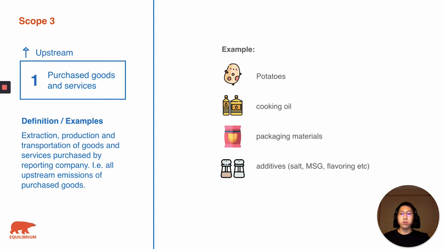Category 1 accounts for emissions associated with purchased goods and services, which are defined as the extraction, production, and transportation of goods and services purchased by the reporting company. In the case of potato chips, this includes the emissions associated with planting the potatoes or the production of the cooking oil, packaging materials, and additives required.